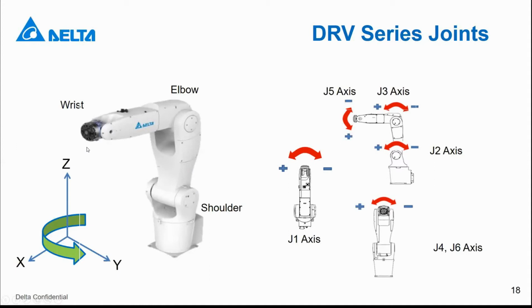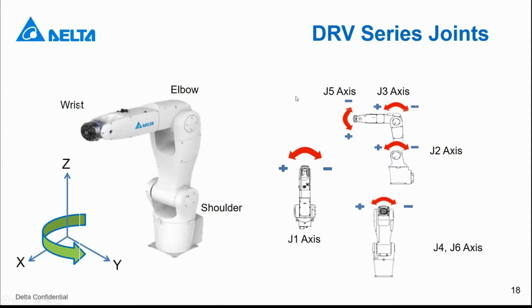This part to attach the tool is also a wrist, just like a human wrist. In the middle, connecting the first arm and second arm is our elbow. And on the base part is the shoulder.